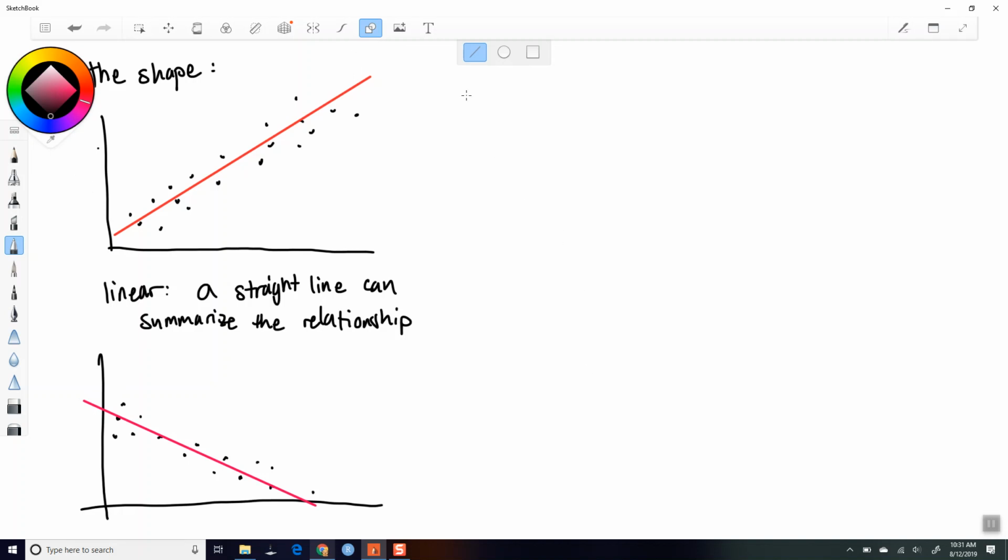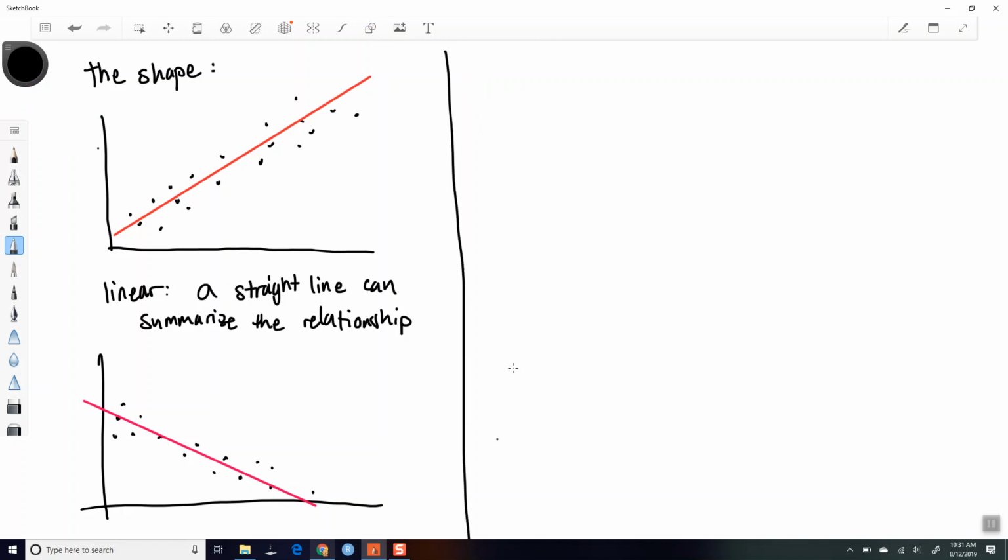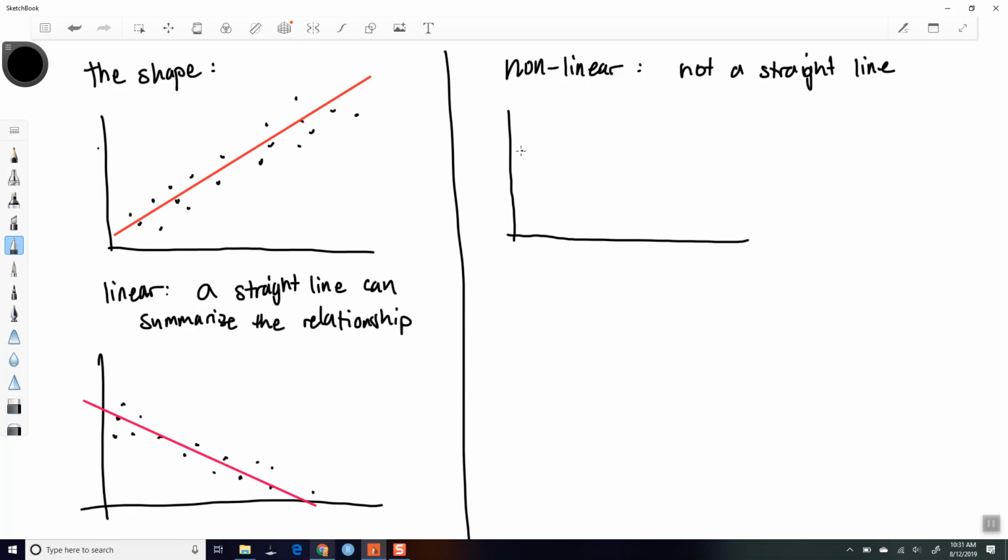Okay, and then everything else, if a straight line doesn't work, okay, then we would put that under the realm of not linear. Okay. Nonlinear, basically not a straight line. All right, as far as this class goes, if you were to take another statistics course, then maybe you would use more specific words for the nonlinear relationships, okay?